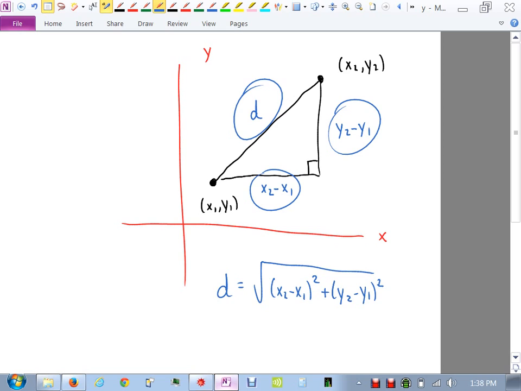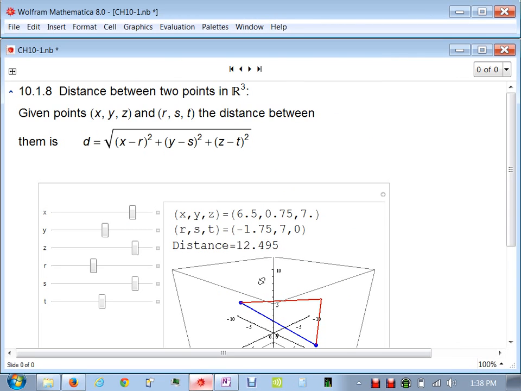The question is now, what if we have 2 points in three-dimensional space? What is the distance between them? I give you a point x, y, and z.